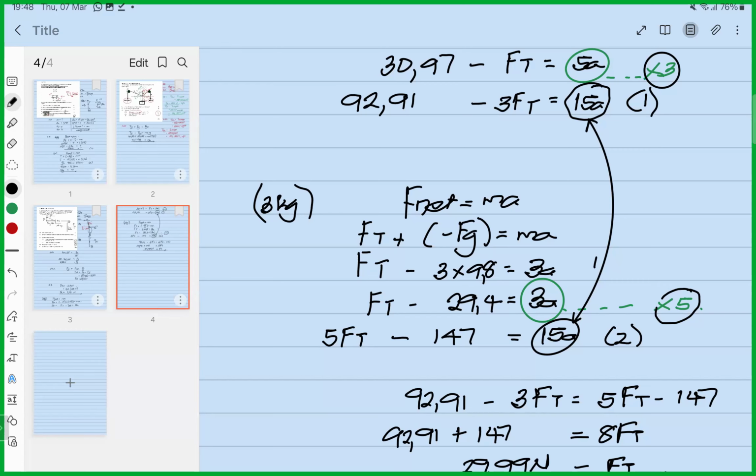Sir, can you please just go over this equation one more time so I can understand properly? Which equation, sir? Do you know how we got the 15A? No, sir. I wasn't here when you started this equation.